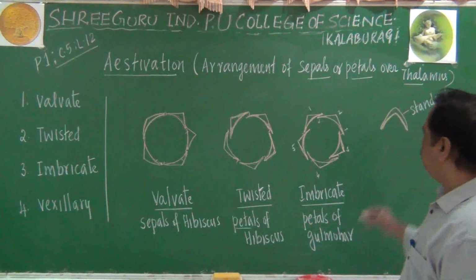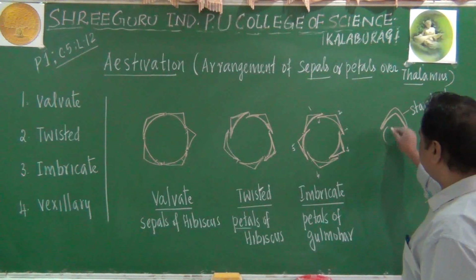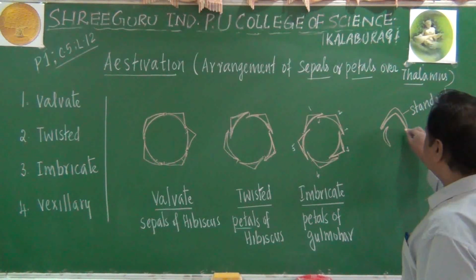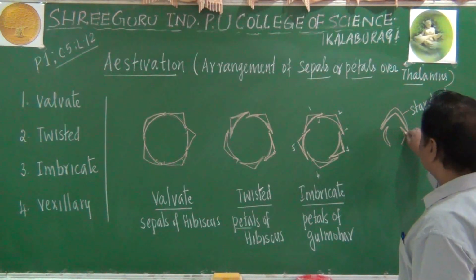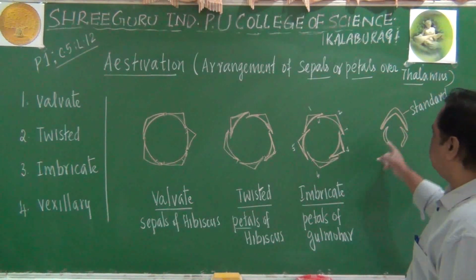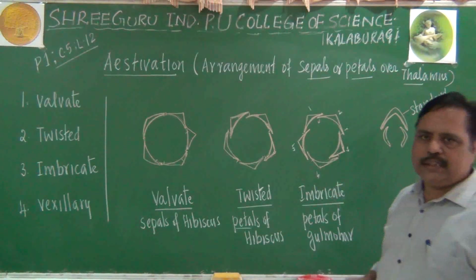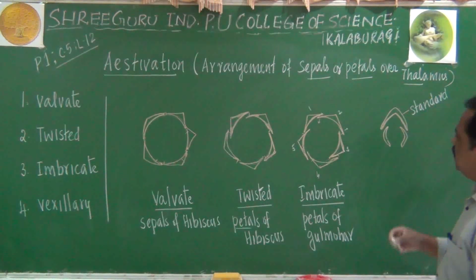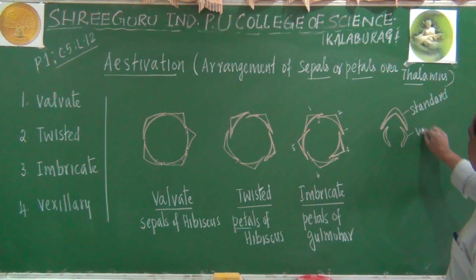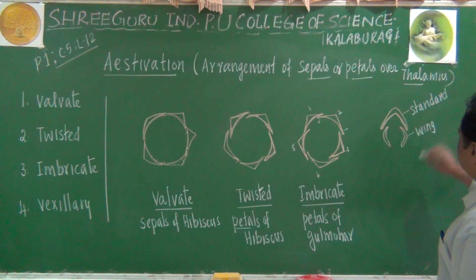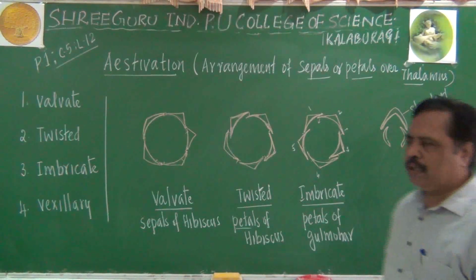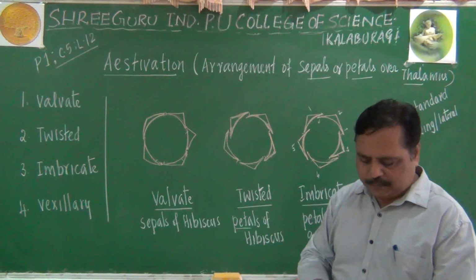There are 2 more petals on the sides. They are arranged in twisted condition here. Those 2 petals are called wing petals, or otherwise lateral petals.